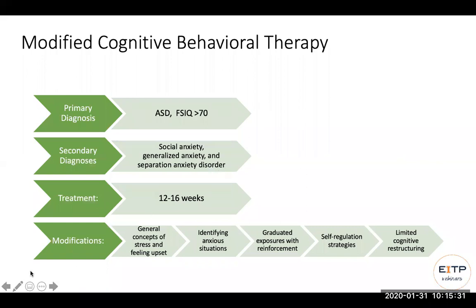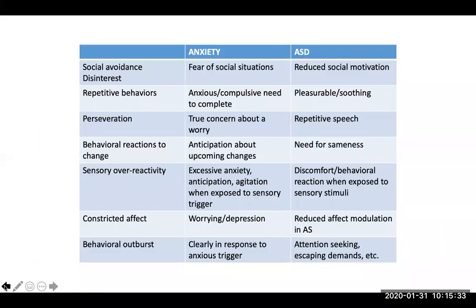Repetitive behaviors are pleasurable, but in anxiety or in compulsive people, it's stressful. Perseveration. People with autism, it's just repetitive speech, but people with anxieties have true concern and worry, and they perseverate in their head about that.